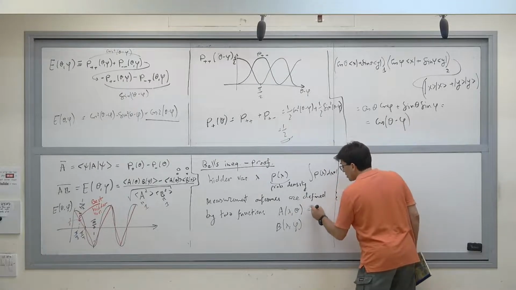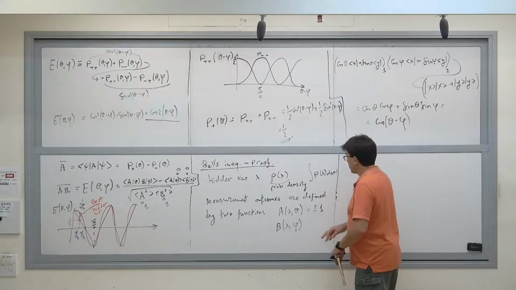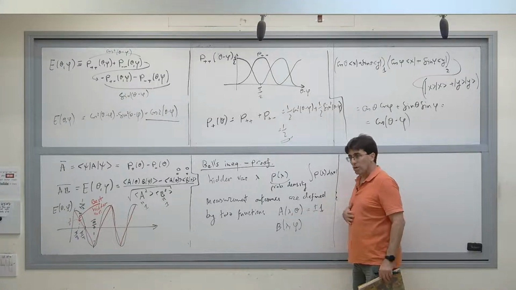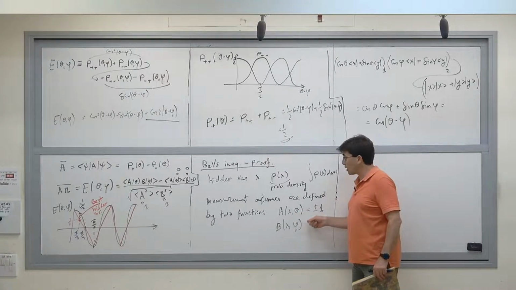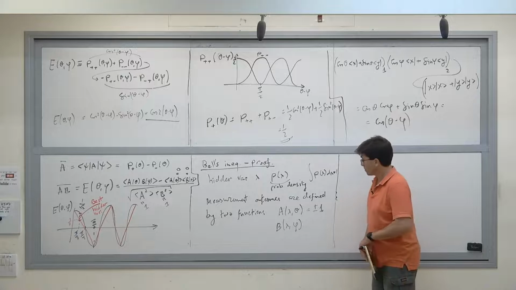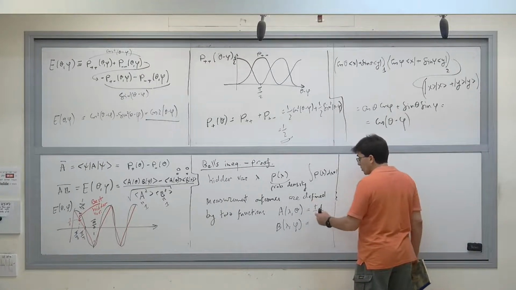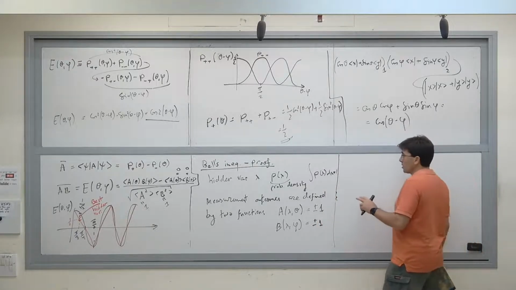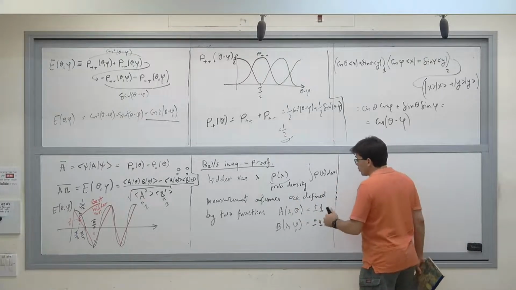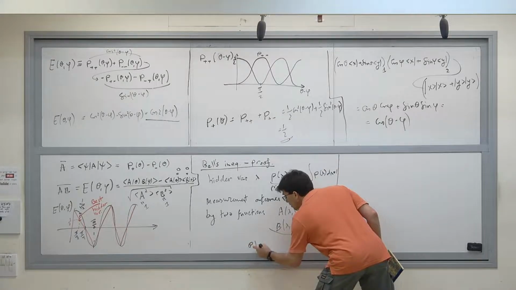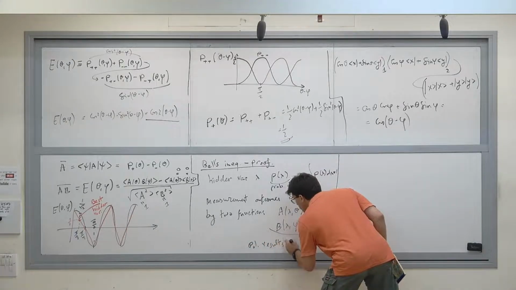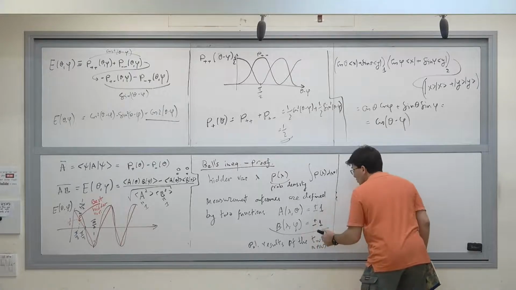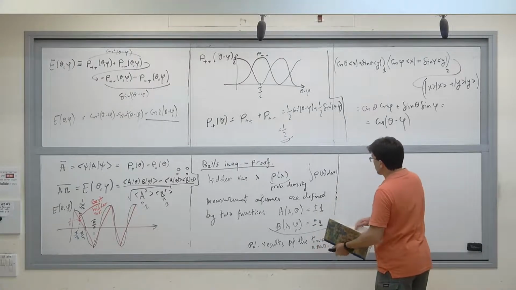Whether this will be plus 1 or minus 1 depends on the parameter lambda that the photon knows and on the polarizer that it sees, but it cannot depend on what the other photon saw. Those two functions are really the polarization outcomes of the two measurements. So this is what it means.